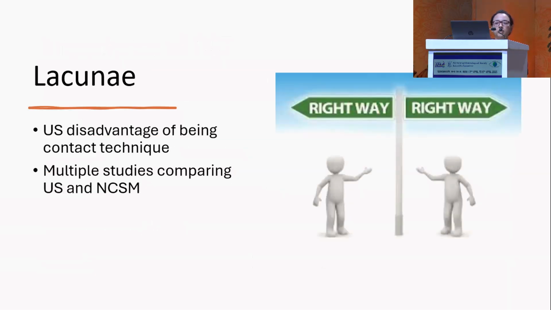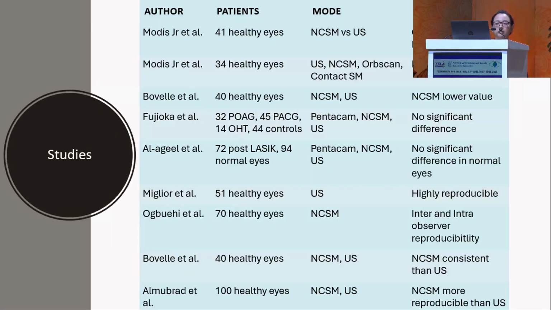But the lacuna in the literature is that ultrasonic pachymetry has the disadvantage of being a contact technique, and there have been multiple studies comparing ultrasonic and non-contact, as seen here. Most of them have been done on healthy eyes, except for one study which was done on glaucoma patients, just like our study.